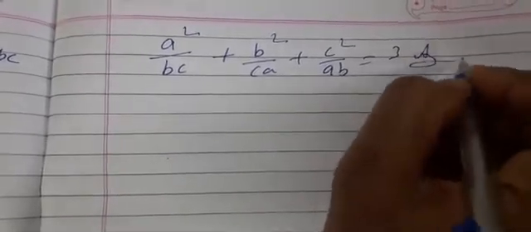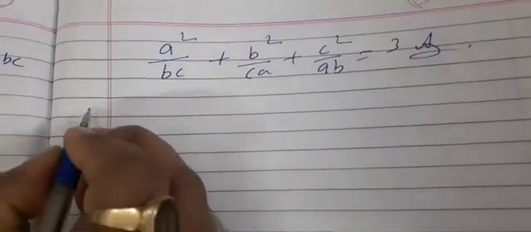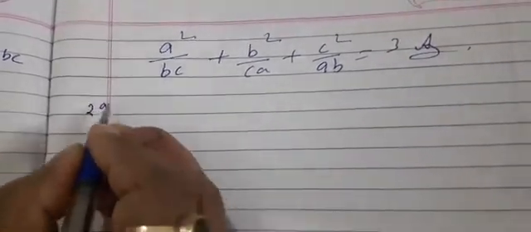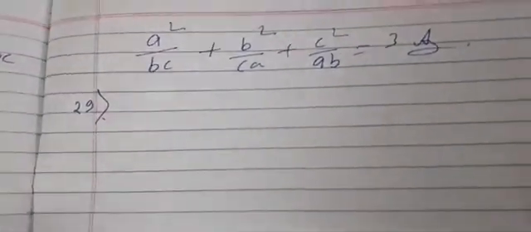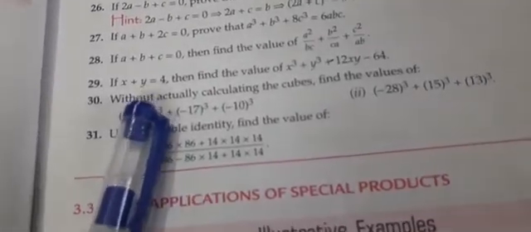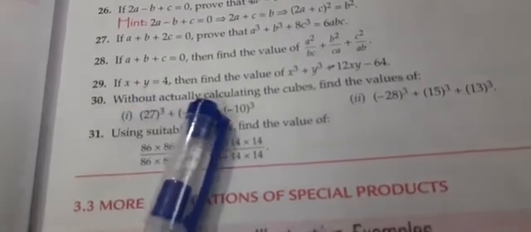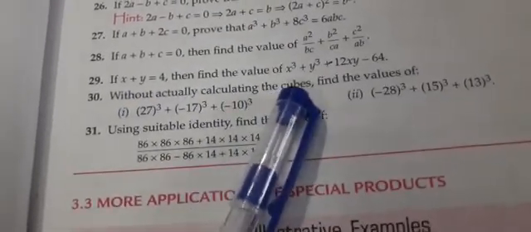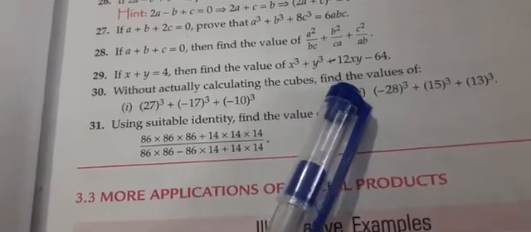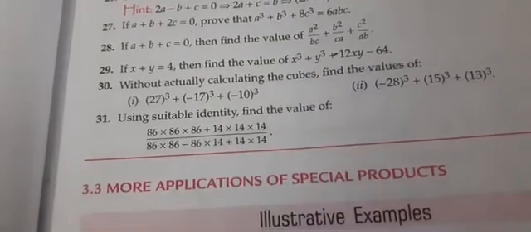That is our answer. Now question number 29. Let's see what is given in question number 29. If x plus y is equal to 4, then find the value of x cube plus y cube plus 12xy minus 64.